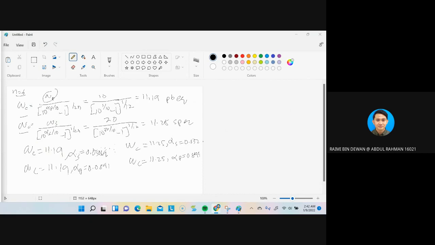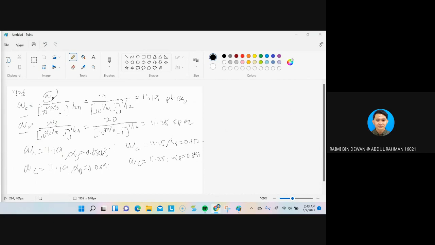Okay, so if you can see, this is your omega s, and this is alpha s and alpha p for cutoff frequency that is 11.19. So we need to choose the cutoff which one is actually following the specification with the calculated alpha p and alpha s.